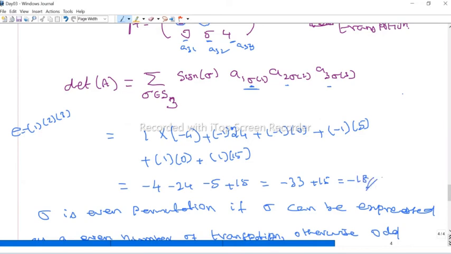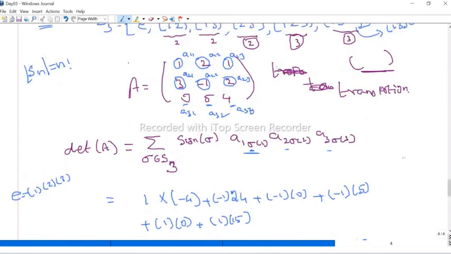So this formula can be used to find the determinant of higher order, but by hand it's very difficult to do. For a 3 by 3 matrix we can use this formula. Otherwise we have to write some algorithm or program to find the determinant of any matrix.